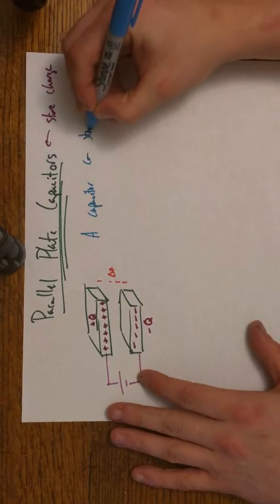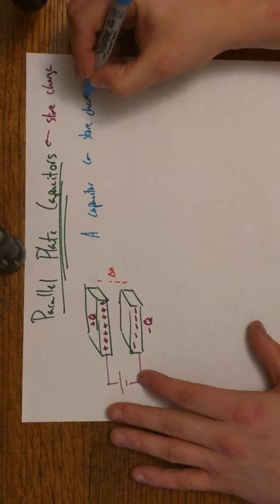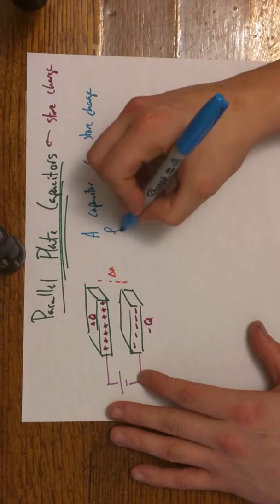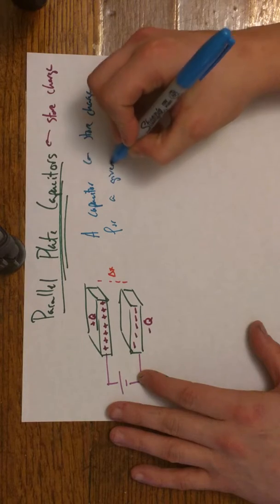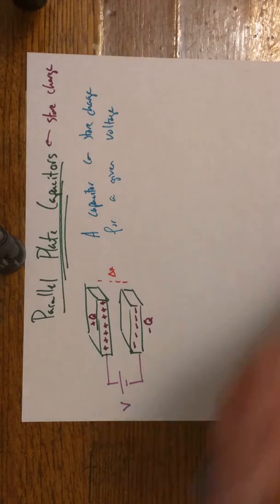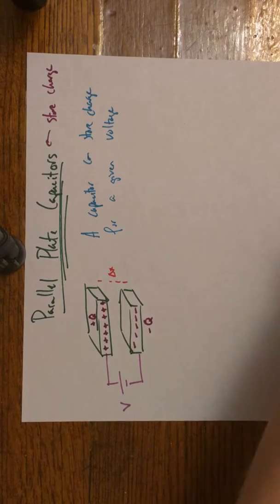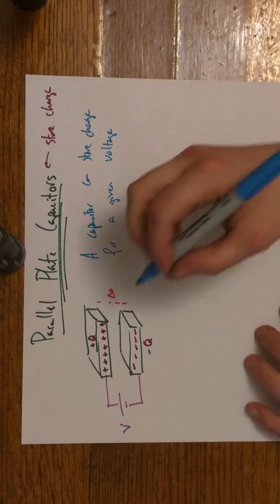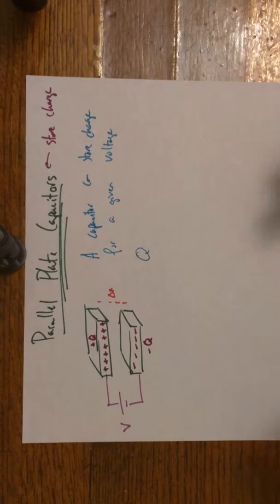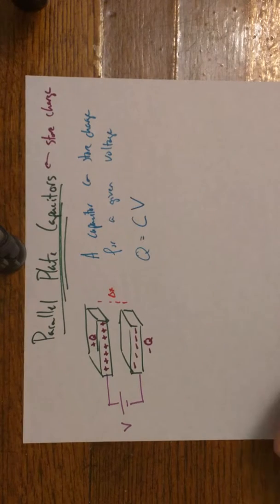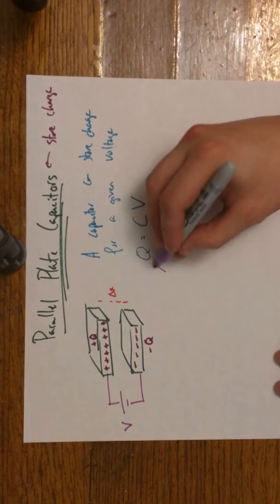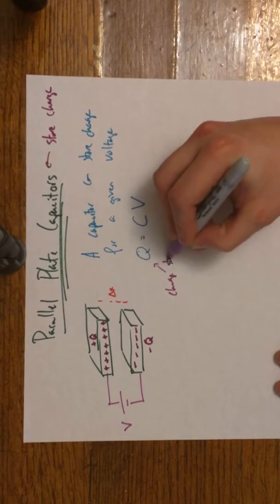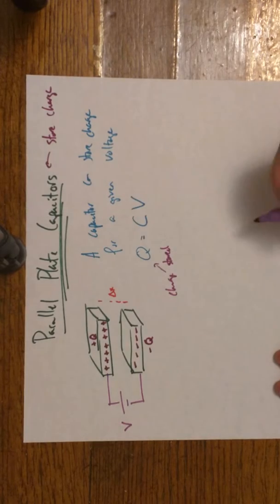Mathematically speaking, a given charge will build up for the capacitance times the voltage, Q equals C times V. This is the charge stored on the plates themselves.